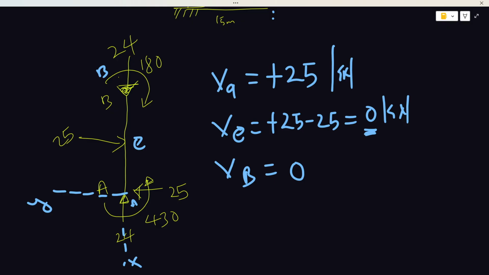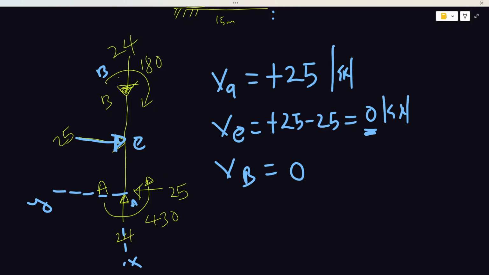After this point at E, there's no other vertical force, so the shear force just continues at 0. So sorry, the shear force just continues at 0 after E. So 25 minus 25, 0, then in fact it just continues at 0.